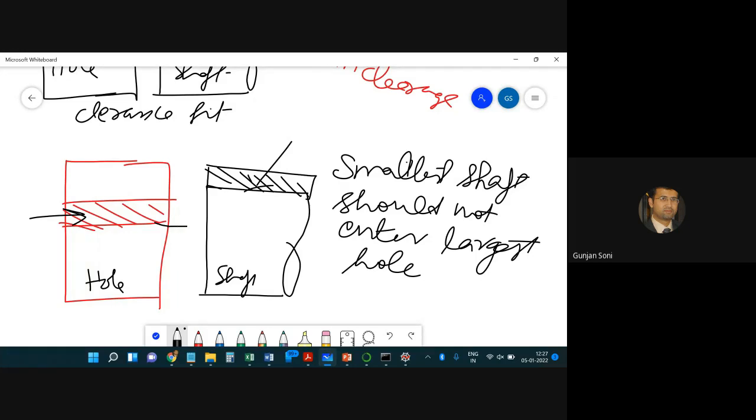This is going to give me the maximum interference. And minimum interference is when the largest hole and smallest shaft. This is your minimum interference.